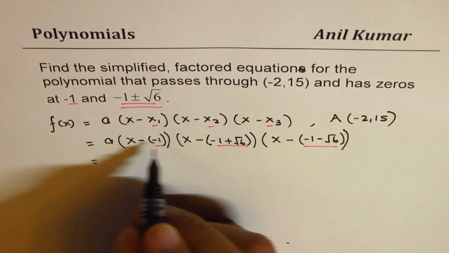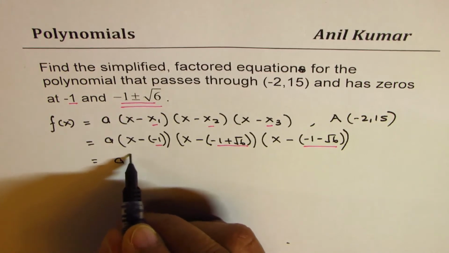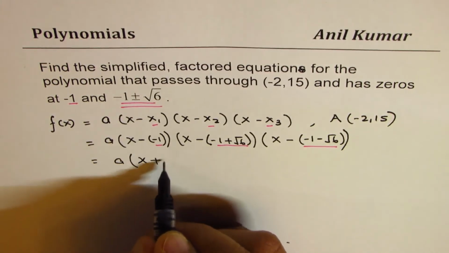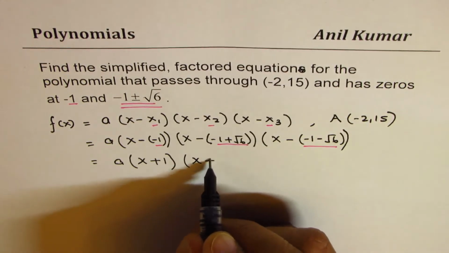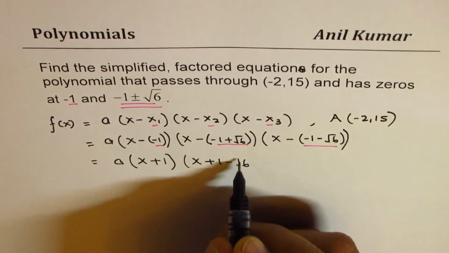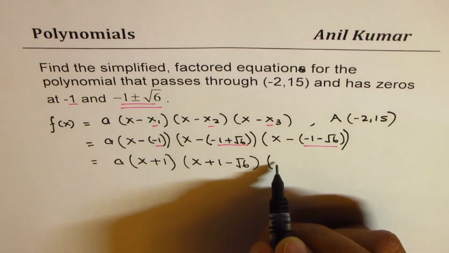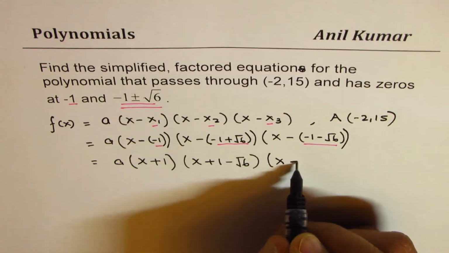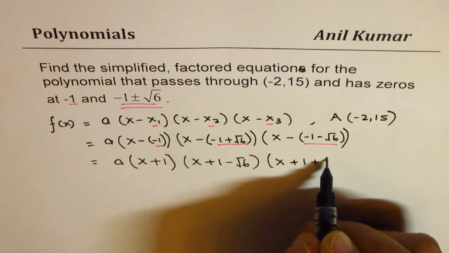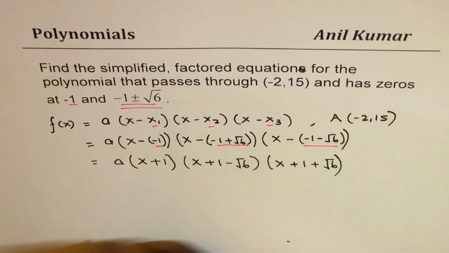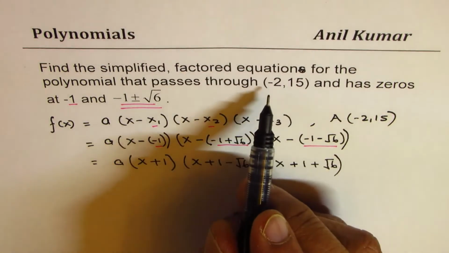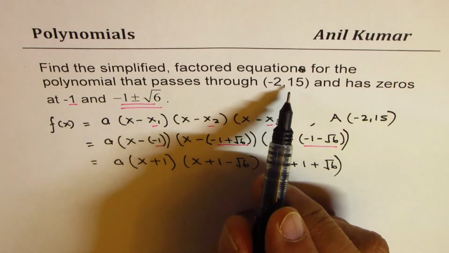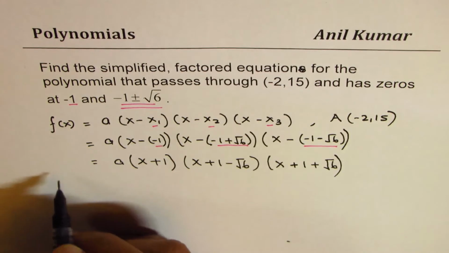Now I can kind of simplify this a bit. So we can write a times x plus 1, this becomes x plus 1 minus square root 6, and this gives us x plus 1 plus square root 6. To find the value of a, we'll substitute the point, minus 2 for x, 15 for f of x.